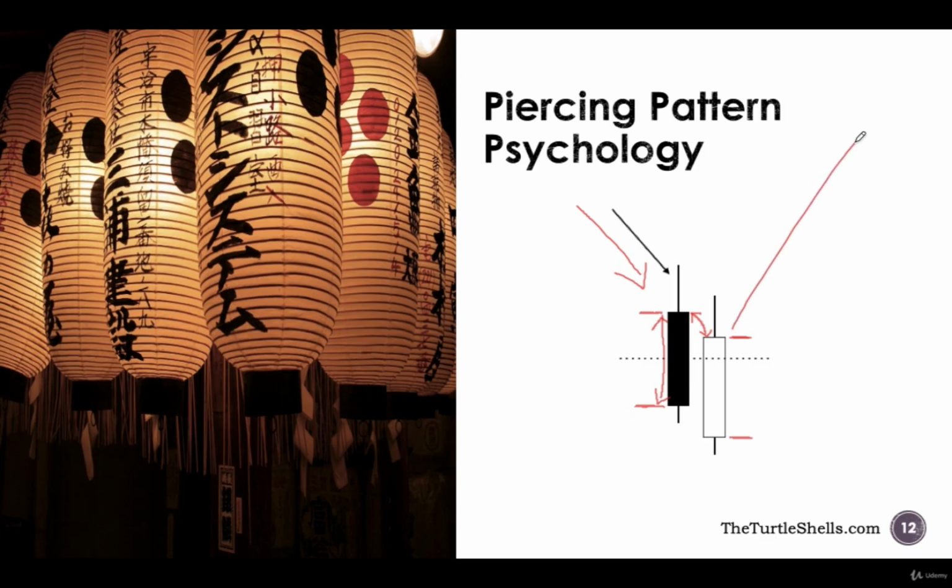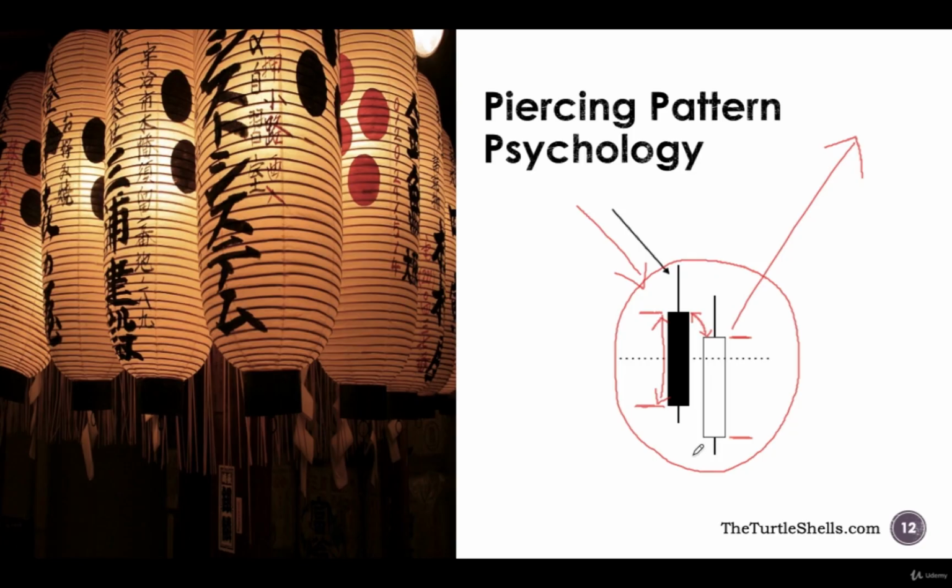That is why when you reverse a short position, you are into a long position. So that is why the market is likely to go up. That is the psychology that is happening on this piercing pattern. That is why it's as good as a bullish engulfing pattern.